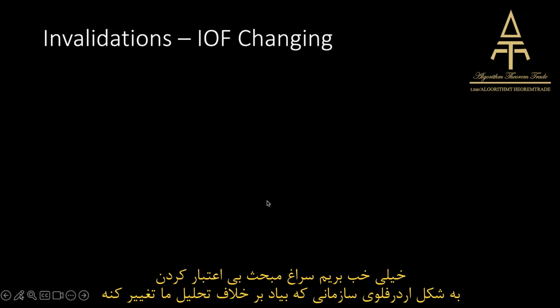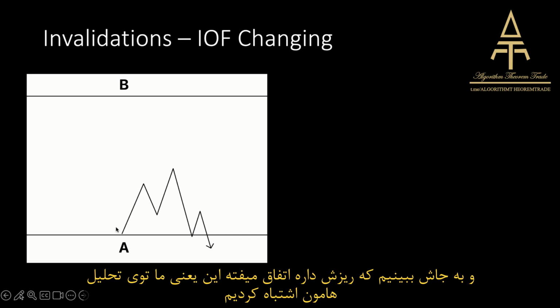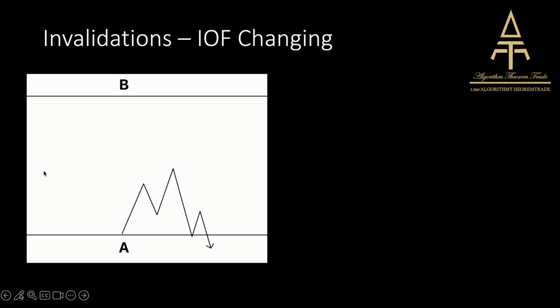opportunity. We're now going to take a look at invalidations in the form of institutional order flow changing against the direction that we were anticipating. If we anticipate that this point A was going to set up a run towards point B, and we begin to see the falling occur, then we are wrong with our analysis.